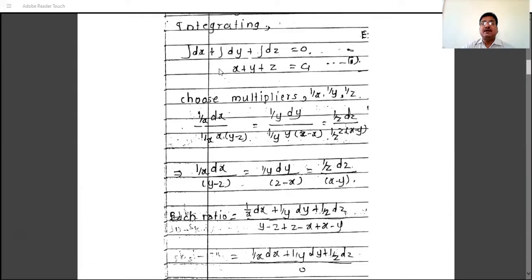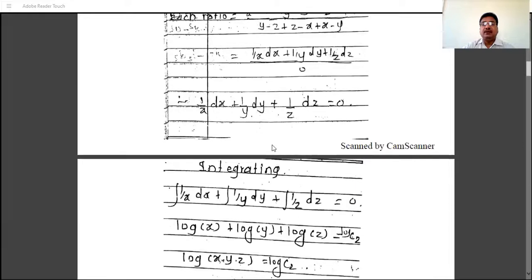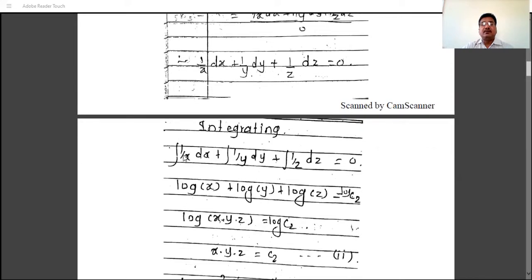So after this step, that is, right, choose multipliers 1 by x, 1 by y, 1 by z, then write directly this step, that each ratio is equal to 1 by x dx plus 1 by y dy plus 1 by z dz is equal to 0. Then integrating, what do we have?